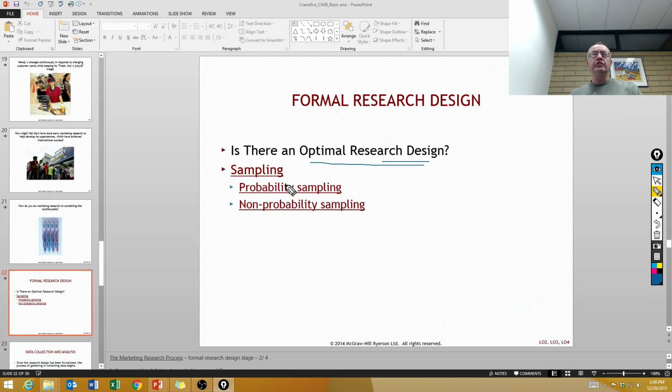So a final feature in the research design stage concerns the sample of data that we're going to collect. So when you speak about sampling, we mean gathering data from a portion of the total population rather than the entire population.